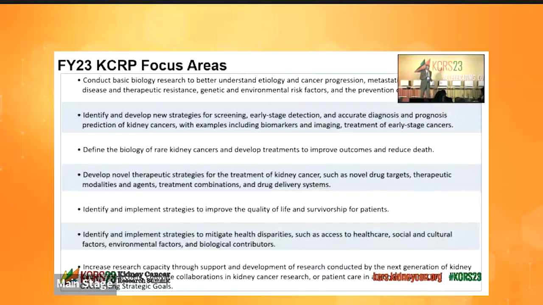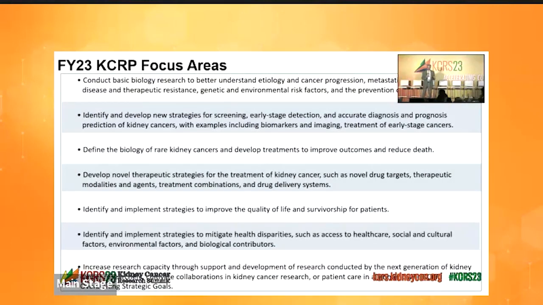So the focus areas, again, these are all on the CDMRP KCRP website, but it's important that your application address one or more of these. And if you want to write in the application that these are the ones you're addressing, do that. Conduct basic biology to better understand etiology and cancer progression, metastatic disease, and resistance, genetic and environmental risk factors, and the prevention of kidney cancer.